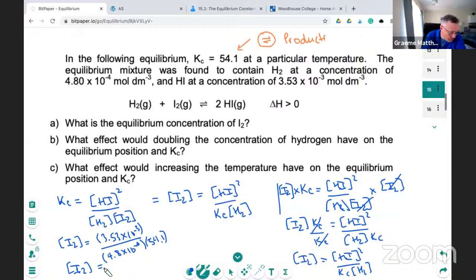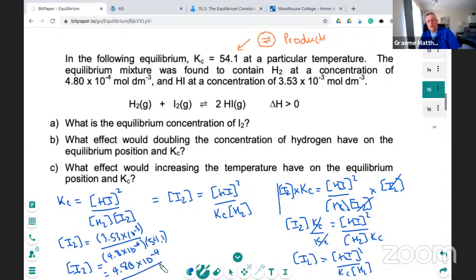Let me just make sure I got this one completely correct here. Yes. So if I check it again, H2 is 4.80 times 10 to the minus 4.